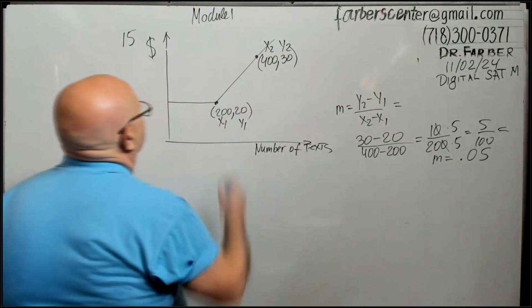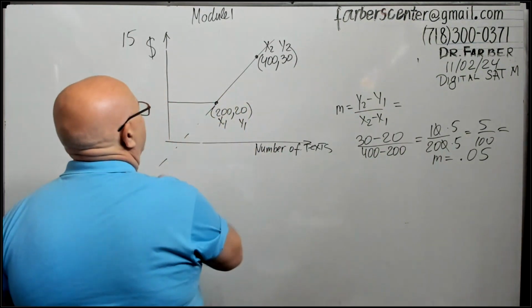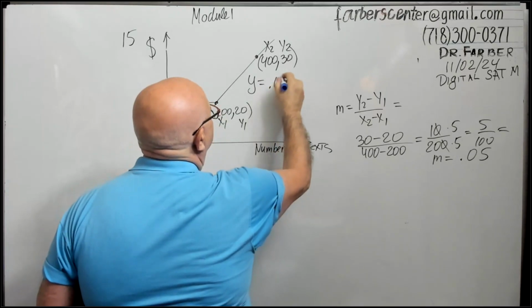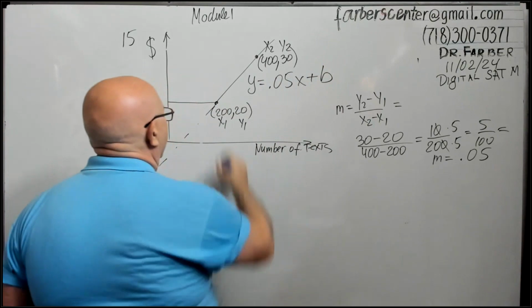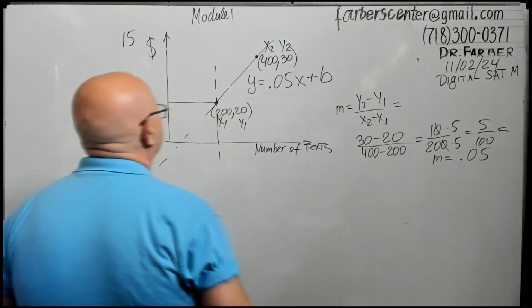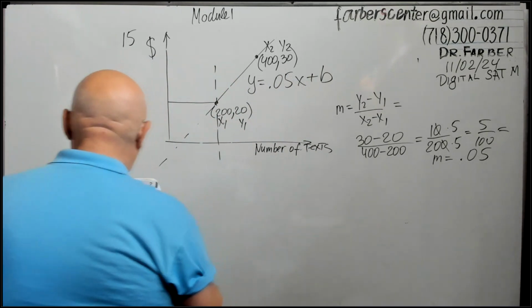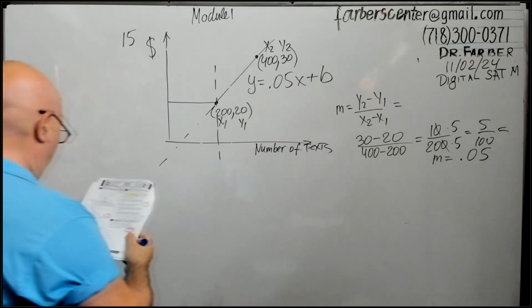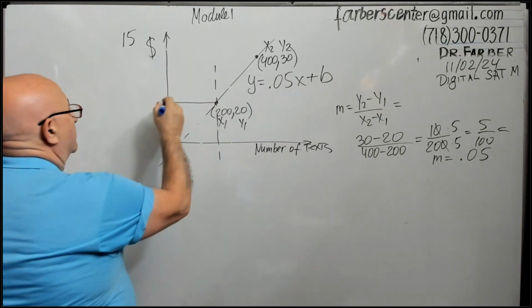So the equation of this line is, I don't know whether it goes through B, but it's 0.05x plus B something. And look at this, we have two intervals. Now look at the multiple choice. For this interval, y equals 20.